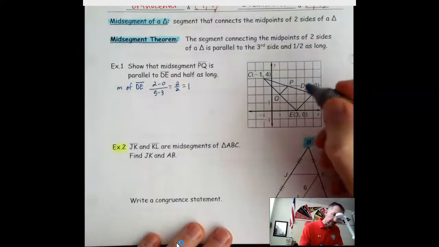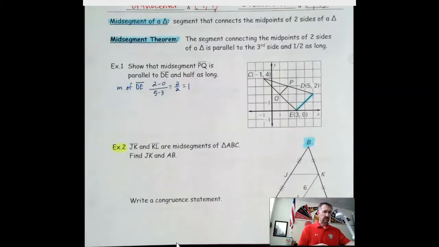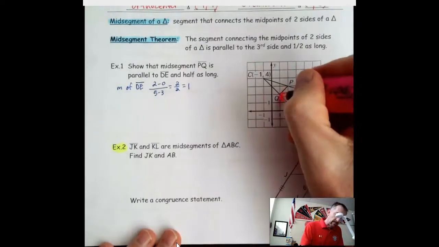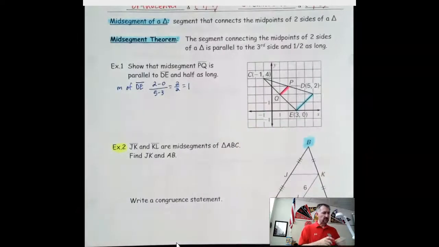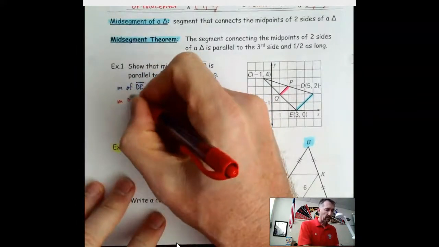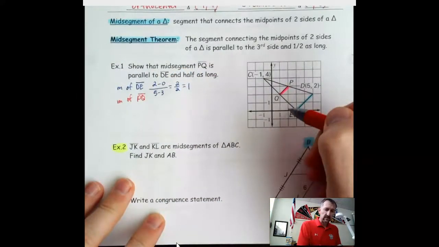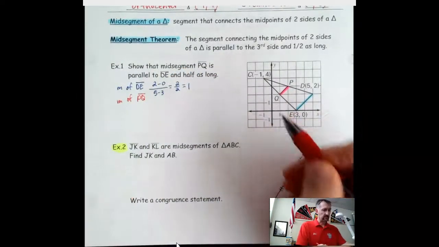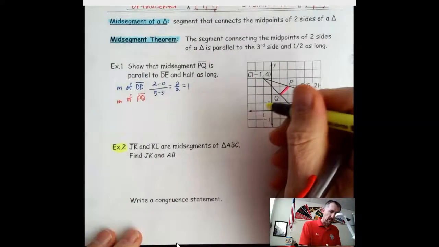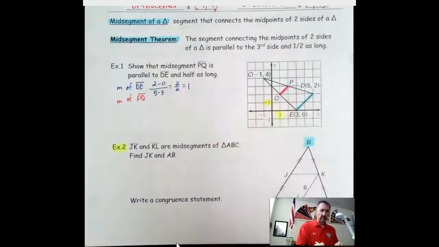Okay? And now let's do the slope of PQ. Slope of segment PQ. So always check the scale. It's going by ones here. Even though they had all the points labeled. Well, they don't have P and Q labeled actually.